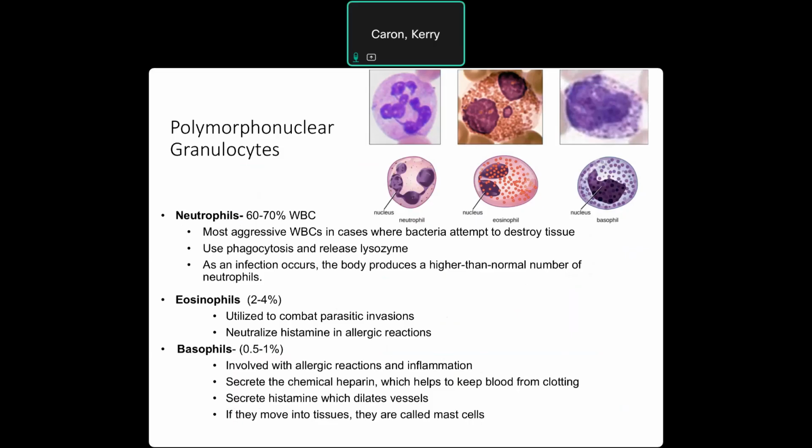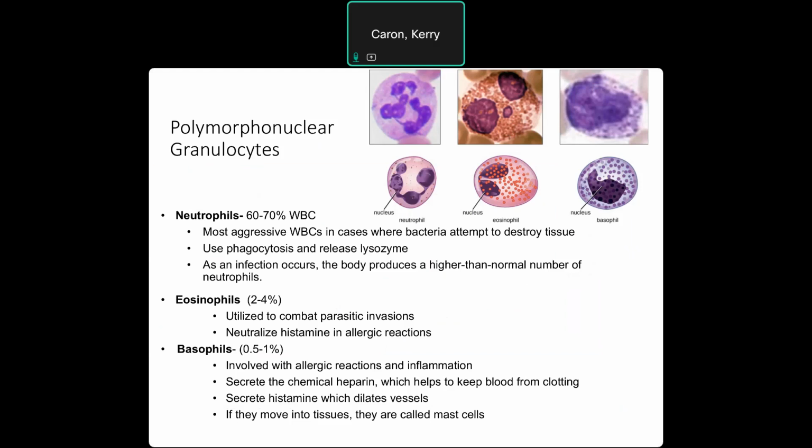They use a process called phagocytosis, or eating or swallowing, and release lysosome. I think of lyso, like to destroy, like Lysol kind of cleans up germs. That's an enzyme that kills and destroys bacteria.